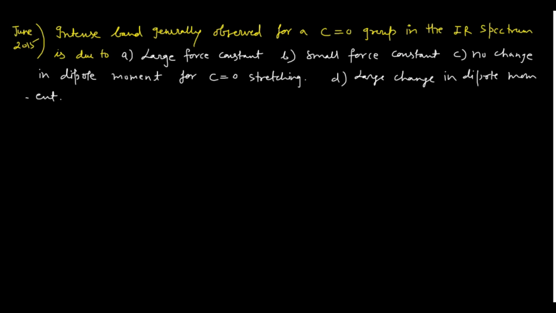What are the options? Large force constant. Large force constant has nothing to do with the intensity of the band. Generally, a large force constant means your resonating frequency. It is not related to the intensity, but to the frequency. So this cannot be your answer.